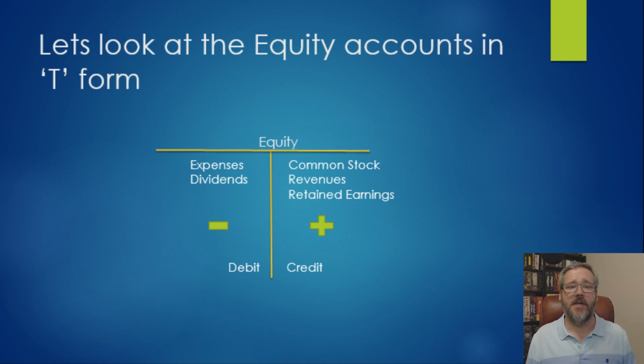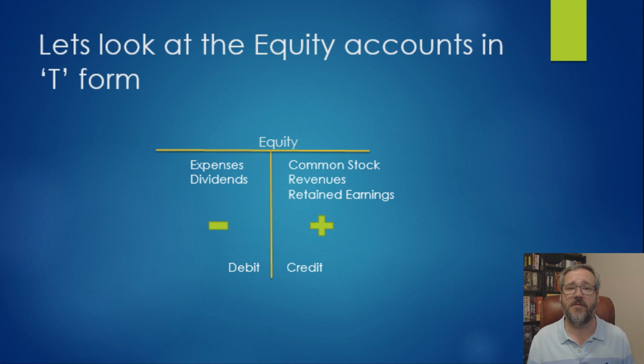Expenses and dividends decrease with a debit entry, and they have a debit balance because we're always going to be decreasing my equity when I pay an expense, right? I'm always going to be debiting an expense. Expenses are always taking away from my retained earnings, my revenues.